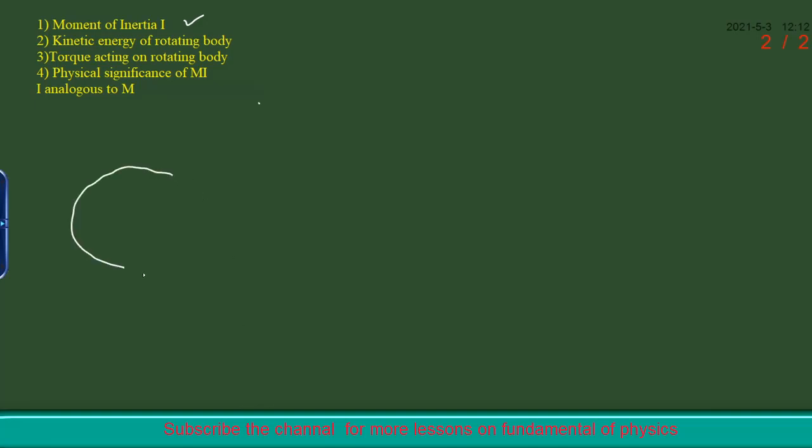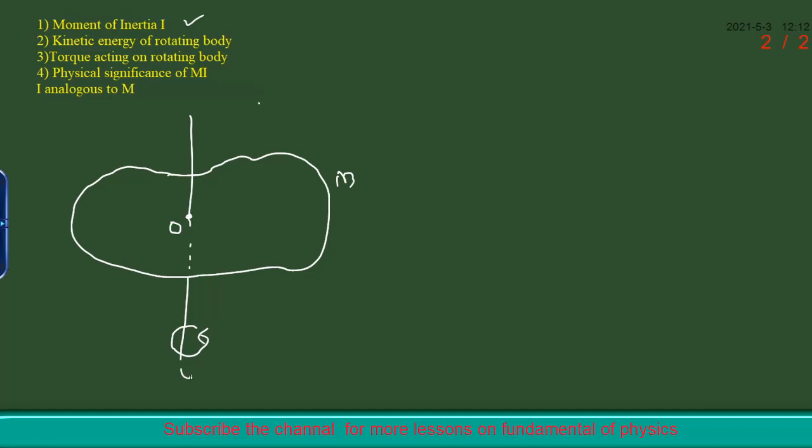Let us consider a body of mass M rotating about an axis passing through point O. Here omega is the angular velocity. Let the body be divided into a number of masses M1, M2, M3, M4 and so on to Mn.